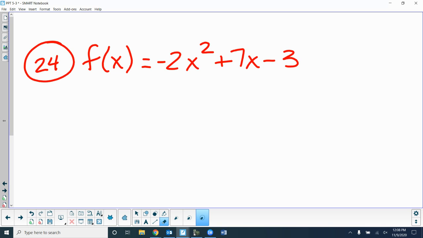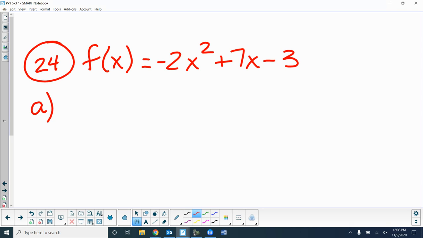Okay? So, the first question you were asked, what we started Thursday, was if it opened up or down. So what about this one? Up or down? Down, because my A value is negative, right?